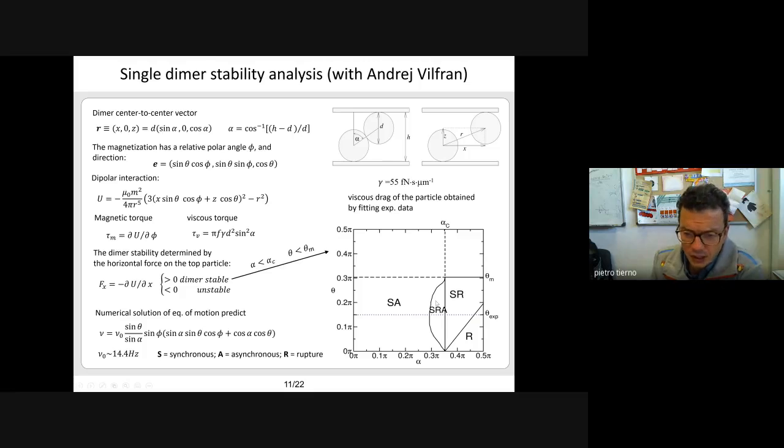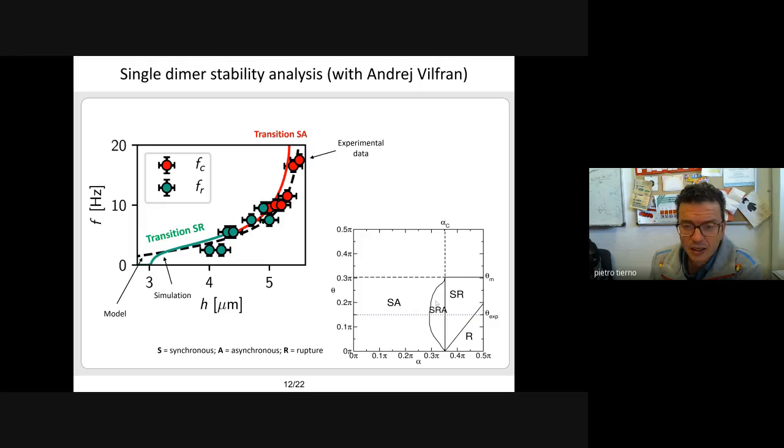Actually, this model can predict well the experimental data. In fact, in these slides, we join the experimental data with the numerical simulations and with the analytical results that are characterized by this continuous line.